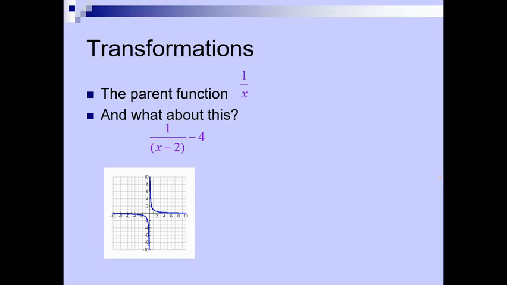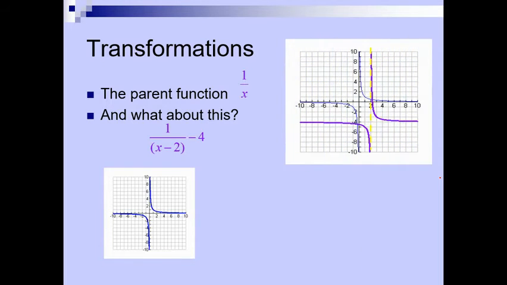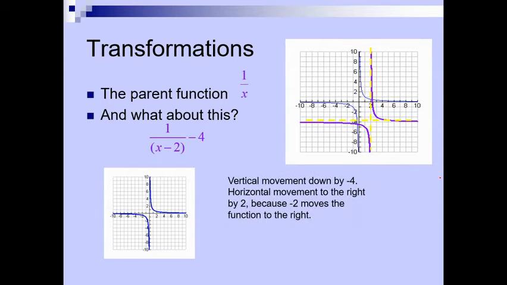You are correct. In this case, notice that we had a vertical movement down by 4 for our horizontal asymptote to be at -4, and then the horizontal movement right by 2 because -2 moves the function to the right.